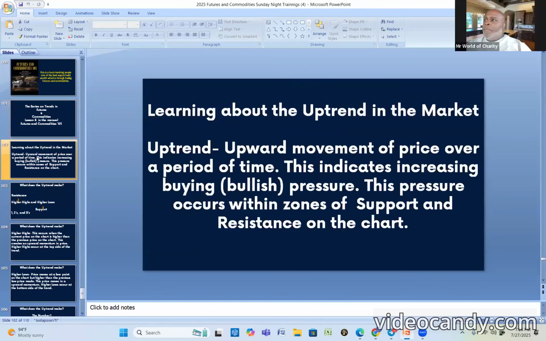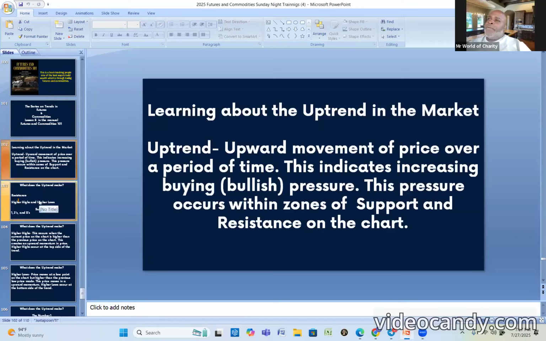So you know what we're covering tonight. It's in your manual on lesson 3. Learn about the uptrend in the market. What this says is the upward movement of the price over a period of time. This indicates increasing buying pressure, and this pressure occurs within zones of support and resistance on the chart.